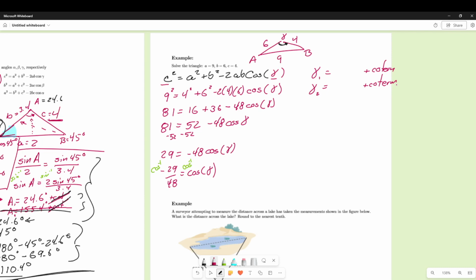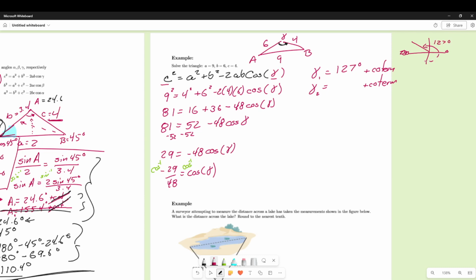Cosine inverse of negative 29/48 is 127 degrees. And remember, cosine inverse is between 0 and pi, or 0 and 180 degrees. So the fact that it gave us this obtuse angle is nice, 127 degrees.